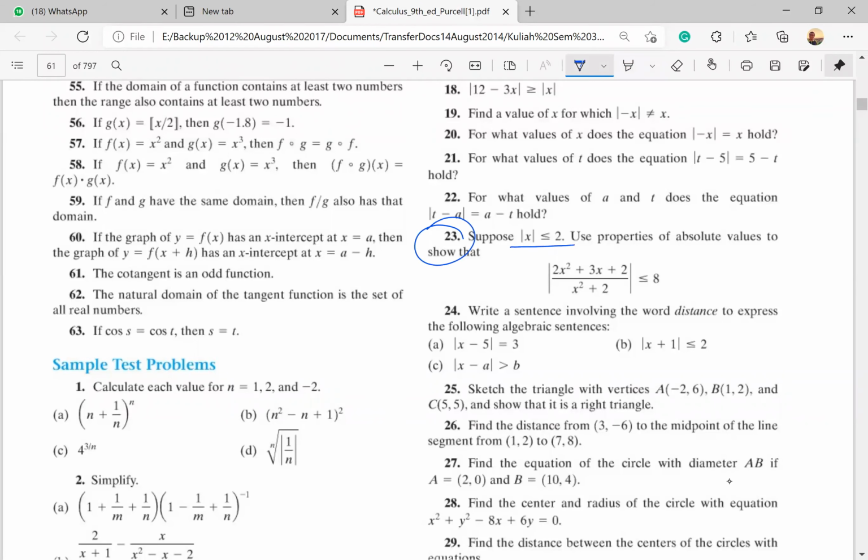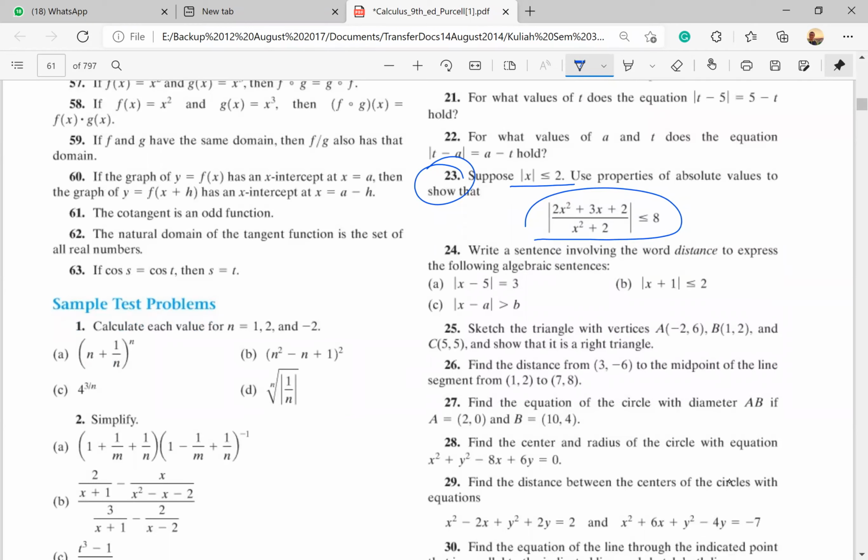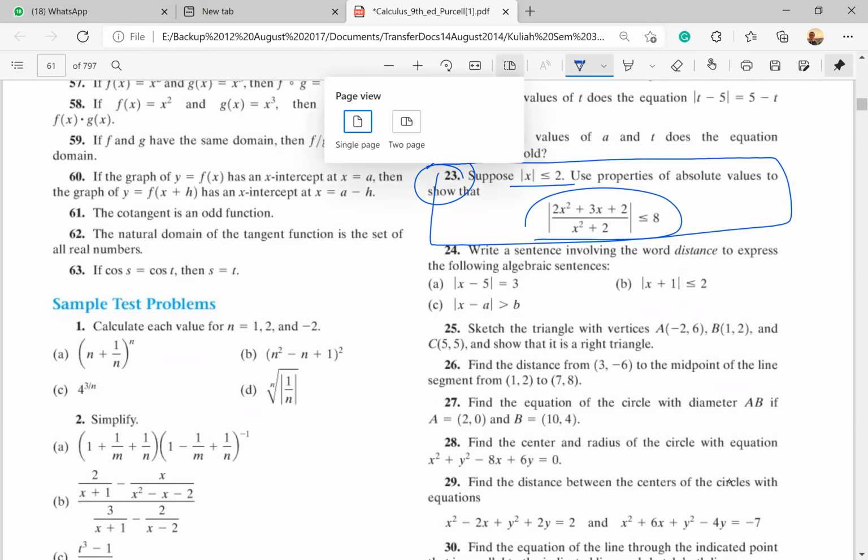So suppose x is no more than 2, show this is less than 8. So let's see how we can get this one.